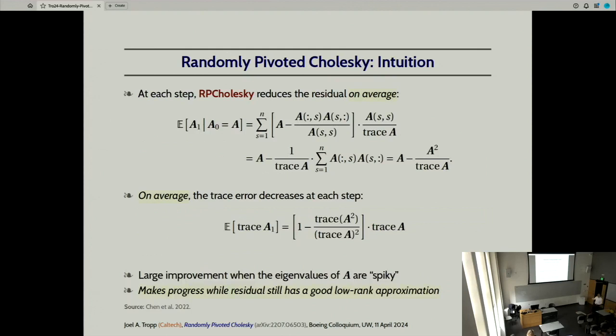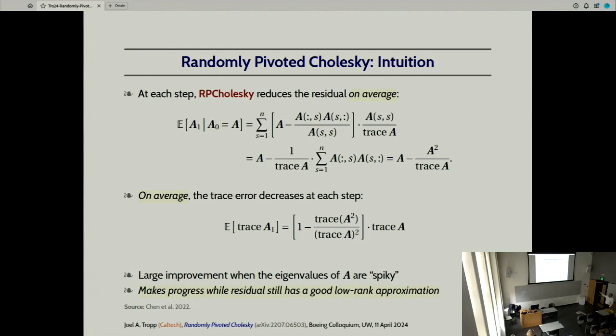The idea is that it makes progress in reducing the residual matrix on average. And you can quantify very cleanly how much progress you've made using the law of total expectation, a very deep fact from discrete probability. So what are we going to do? Imagine that we start this procedure at the matrix A and we take one step to produce a residual A1.